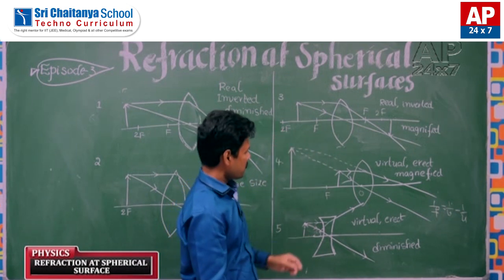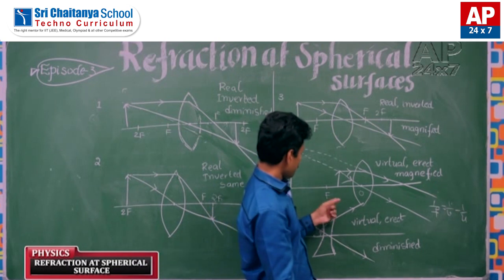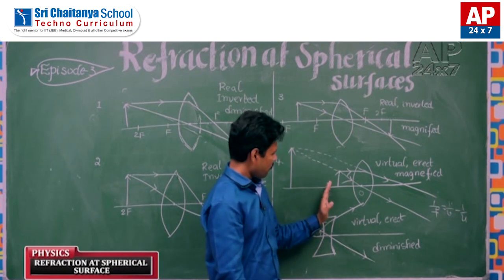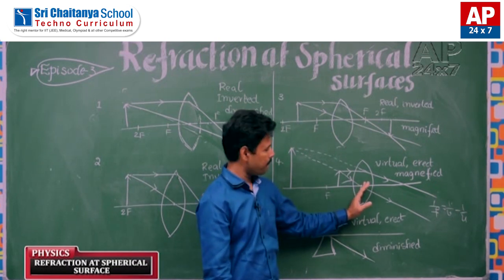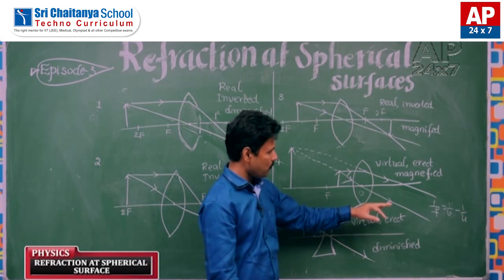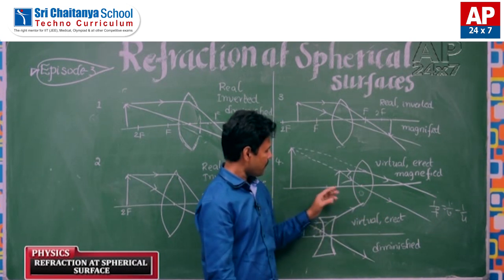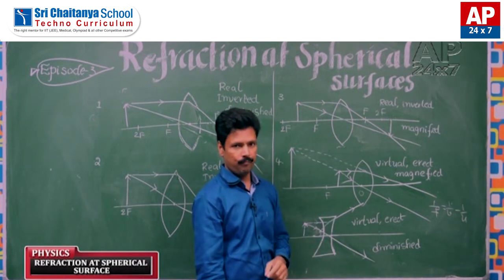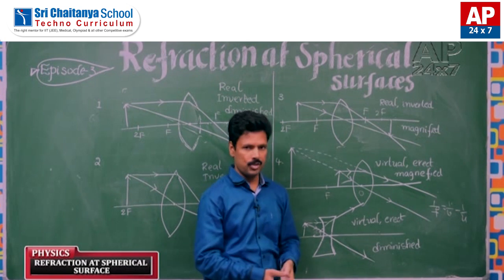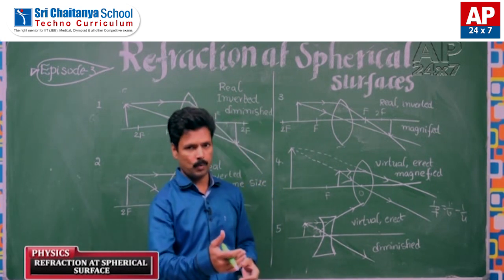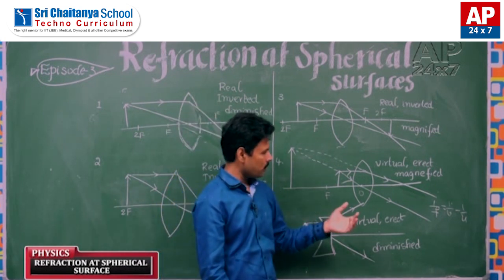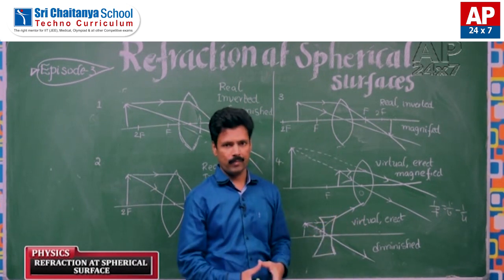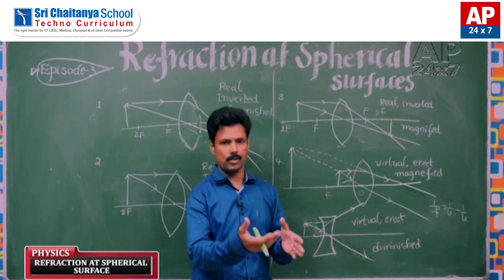Okay, now see once again what we have taken: object in between focus and optic center. Therefore the v value comes out to be more than f in magnitude, and that value is negative. So when you are taking magnification, m = v/u, the u value is negative and v is also negative. That means the total value is positive.